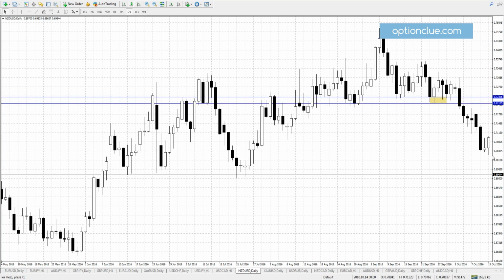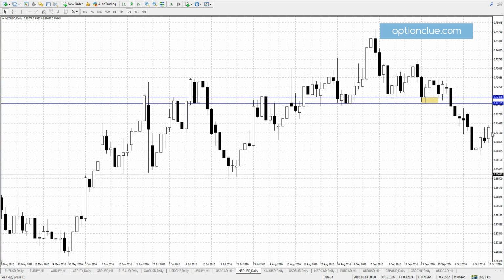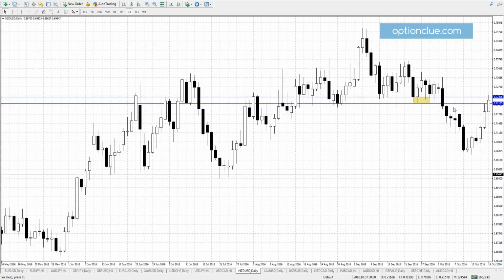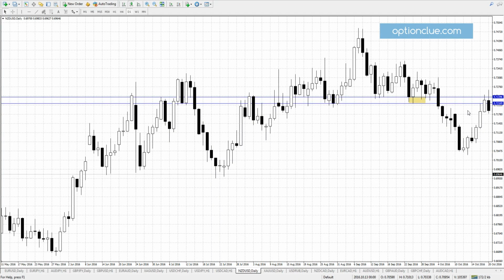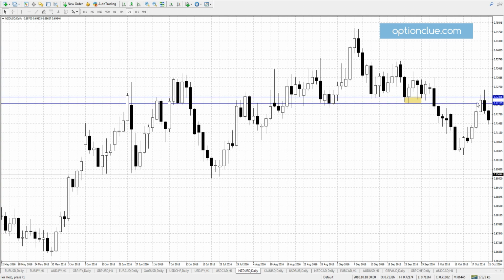When reaching the last broken support level, a new resistance level is formed during 2 days, that is on the 20th and the 21st of October. The price coming to the last broken level couldn't overcome it, and the market started moving down in the direction of the main trend. As a result, a rebound signal has been formed. This is due to a change in the balance between buyers and sellers.